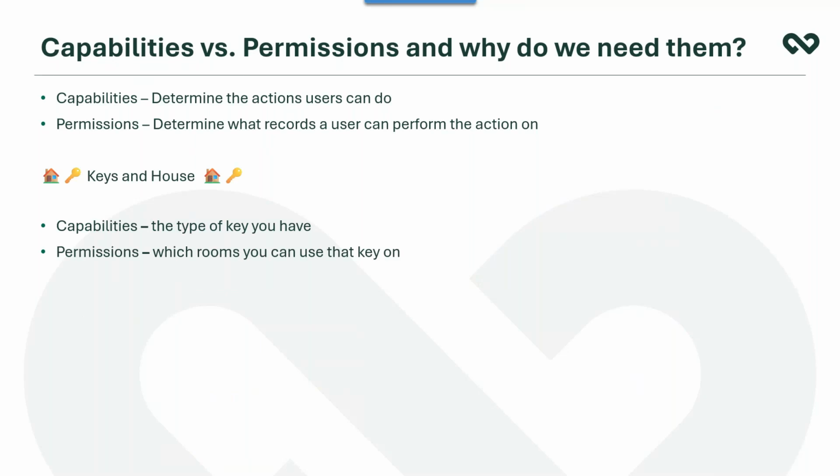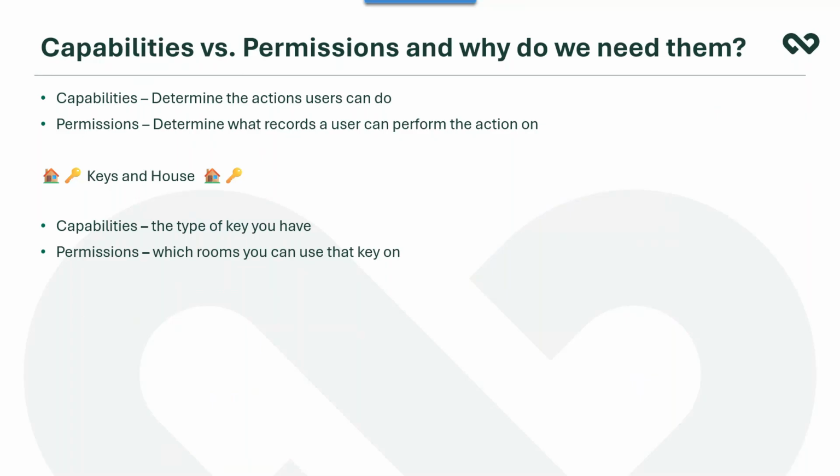Capabilities are like the type of key you have. For example, a key that lets you open doors or a master key that lets you lock and unlock. It determines what actions you can do. Whereas permissions are like which rooms in the house you can use the key on. You might have the ability to unlock doors, but only certain rooms are yours to open.